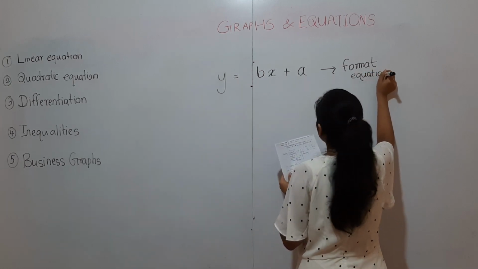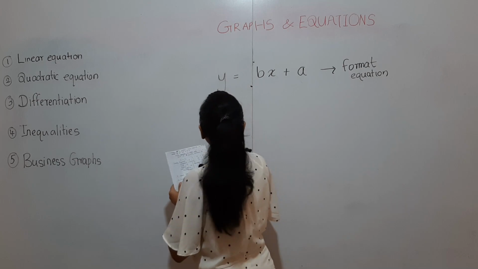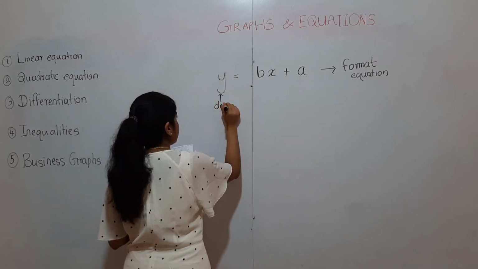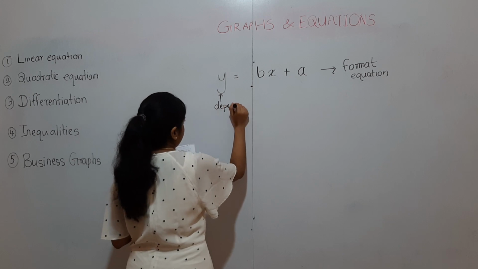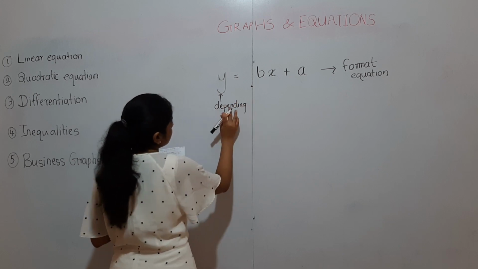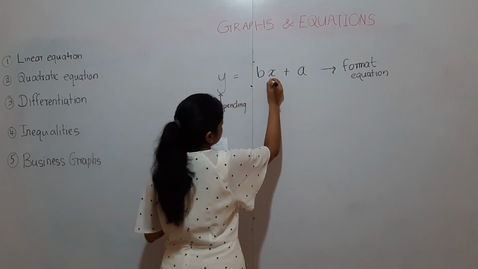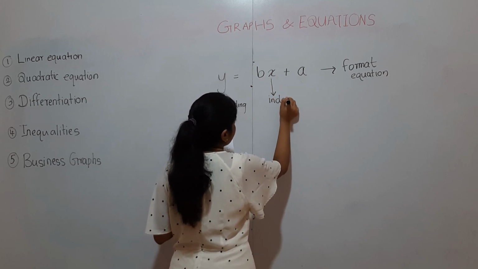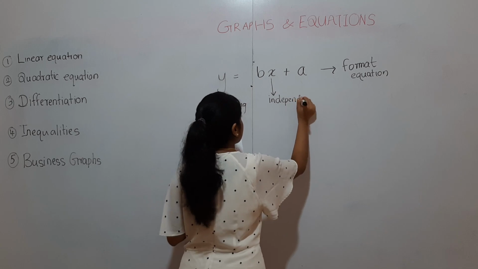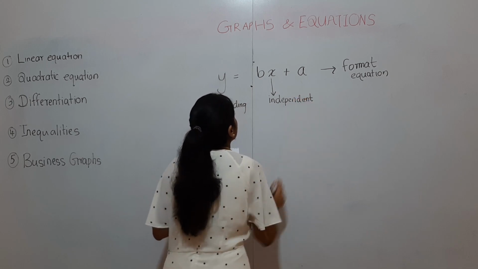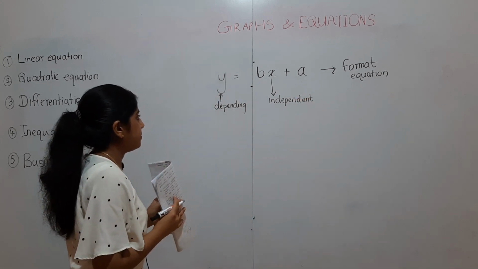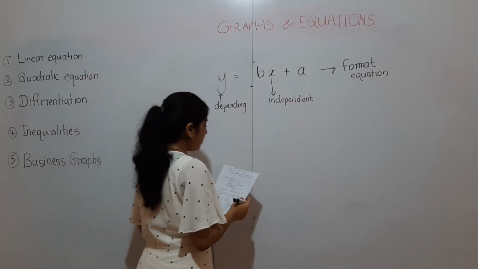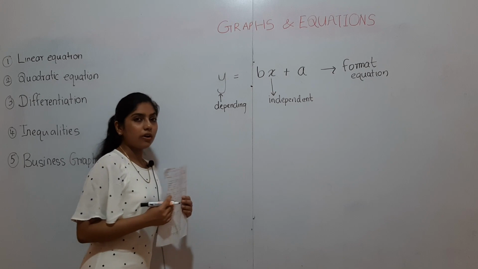Alright. So, first of all, we should remember that y is our depending variable. That means it is depending on x. Therefore, x is our independent variable. Now, we want an expression for total cost.